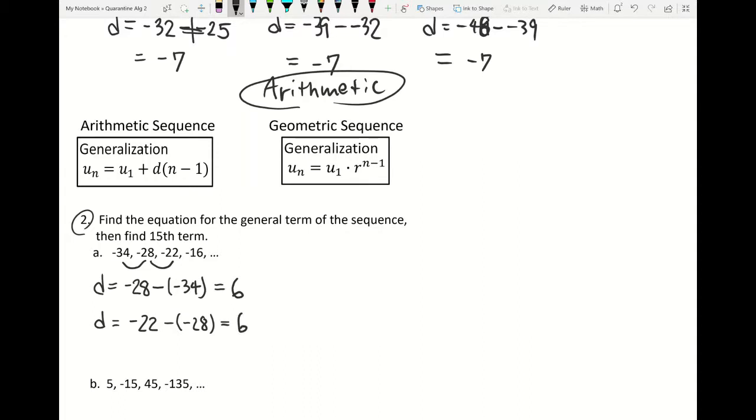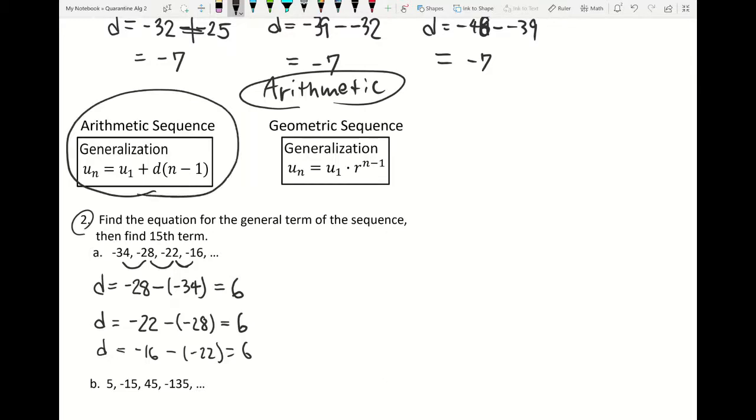At this point, it's safe that we conclude that this is arithmetic. But if you want to make sure, we can go this pair as well. Negative 16 minus negative 22. And you get 6 as well. So it is an arithmetic sequence.